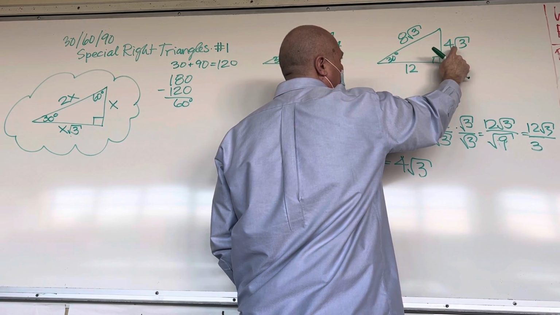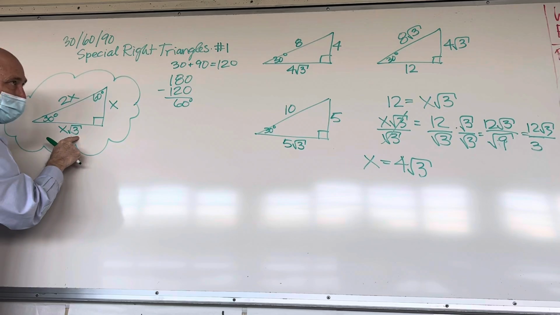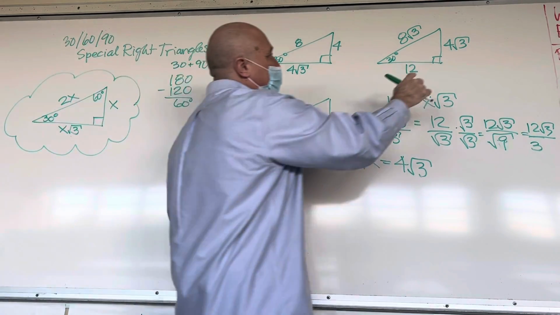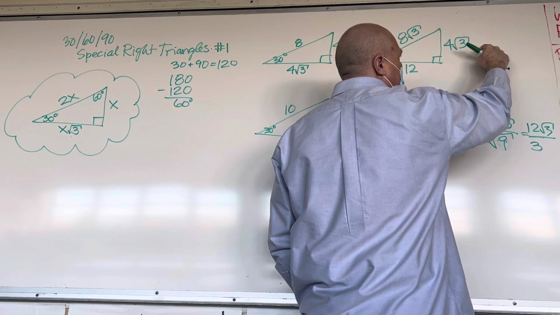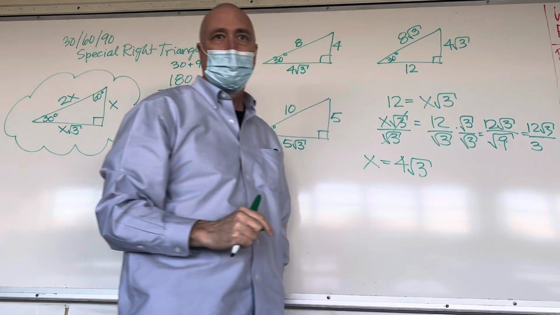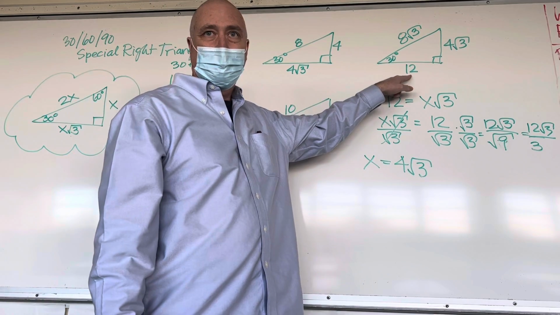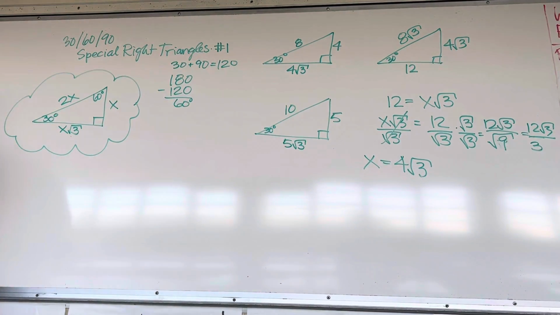If you multiply this by square root of 3, the square root of 3 times square root of 3 is square root of 9. Square root of 9 is 3. And 3 times 4 is 12. So that works out down here. The ratio works for all the sides now, again, with this expanded size triangle.